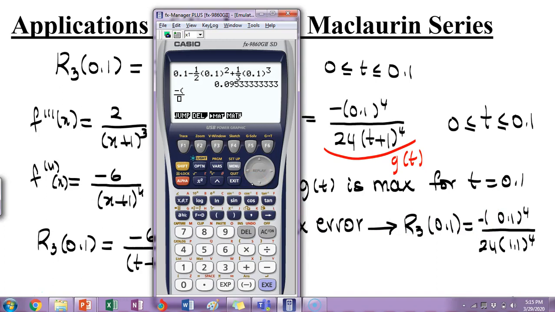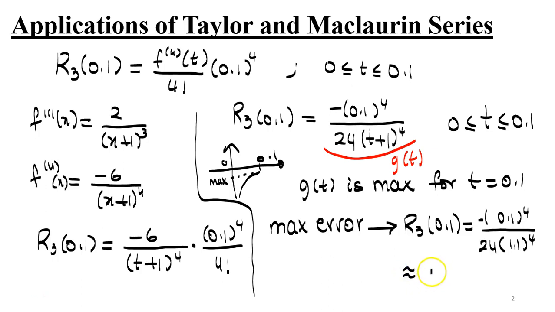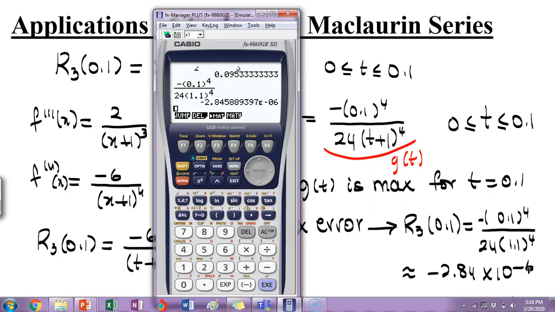So it's -0.1 to the 4 divided by 24 times 1.1 to the 4, which is approximately -2.84 times 10 to the -6. So that is the maximum error that you would obtain by doing this approximation.